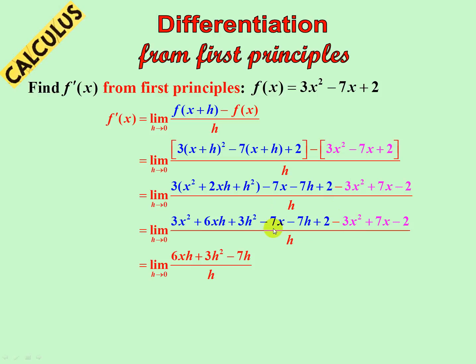Minus 7x has no h, there's a plus 7x. Plus 2 has no h, there's a minus 2. Common factor, cancel, and now we substitute our 0. And there is our derivative. There is our f prime x, there is the gradient of the curve. Now notice it has an x in it because this is a parabola. And it has a varying gradient depending on the value of x.